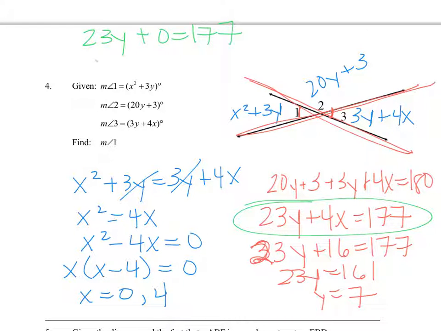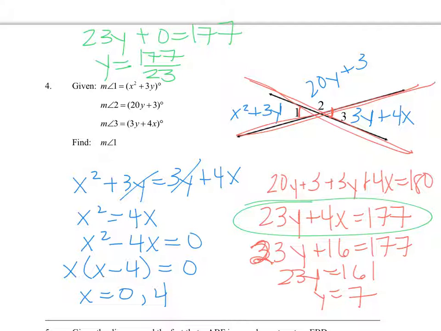So that means y is going to equal 177 over 23. That's rather ugly. But again, I don't really see any issue with it equaling that in either case.